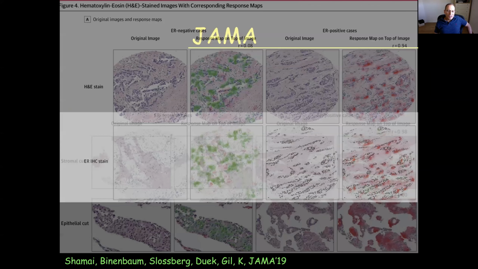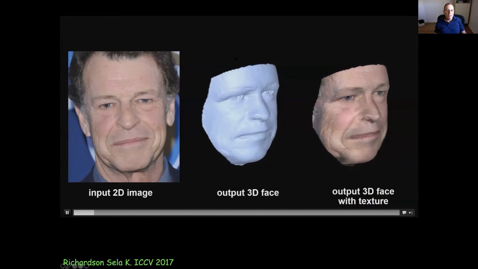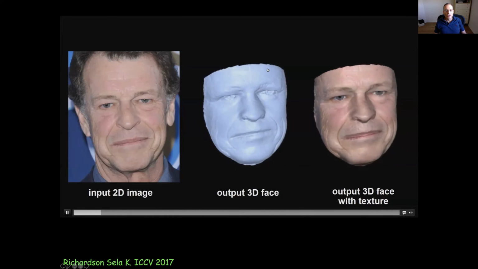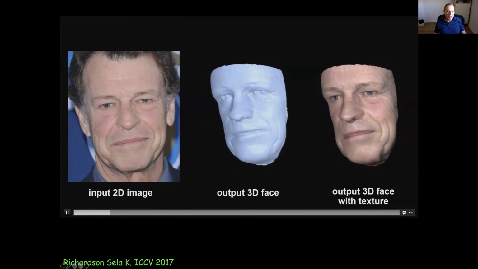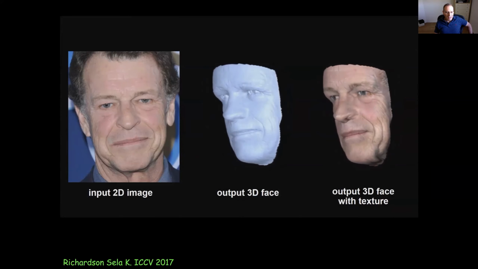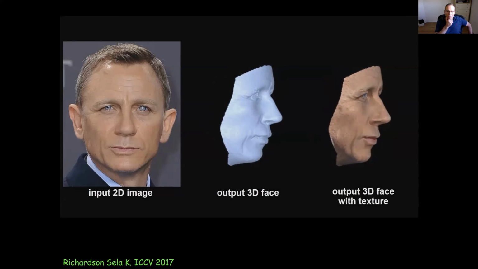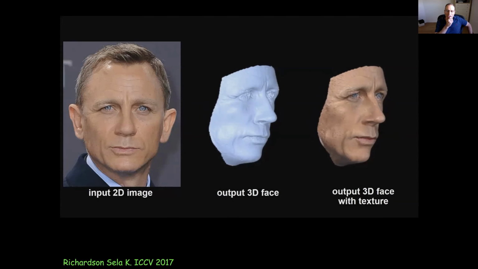Okay, another interesting problem is looking at a single image and from this single image, being able to infer what is the geometry that you're looking at. So this is a result by, again, about 3 to 4 years ago by Elad Richardson, who trained the neural network. And the whole magic here was how to train the network. For that, he combined two ideas.